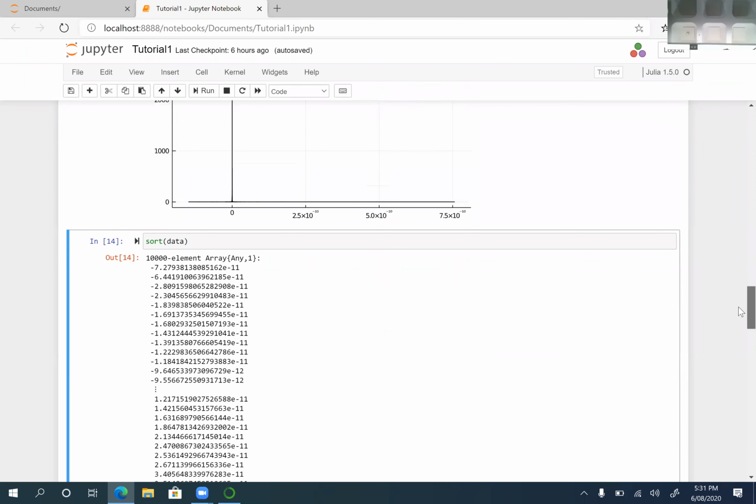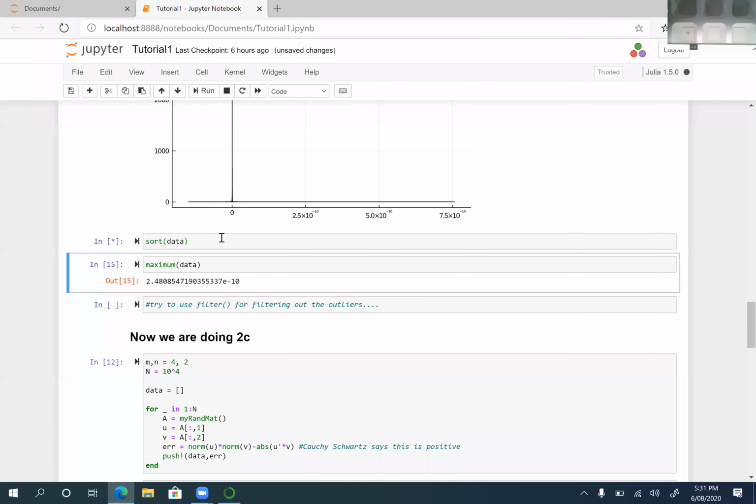Okay, next, sort. Sort is a function that does exactly what you might think. It sorts it, here from least to greatest, which can be useful. Okay, so let's just try running that.